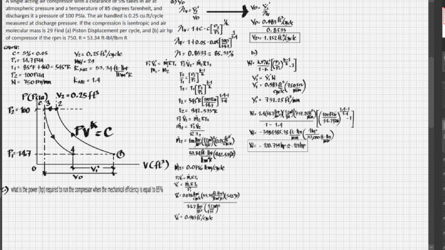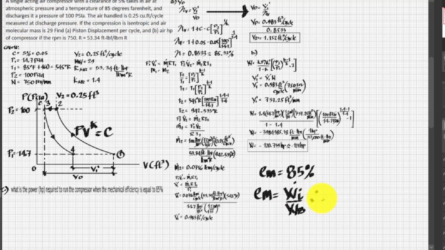Next, for question letter C, what is the power required to run the compressor when the mechanical efficiency is equal to 85%? We have the equation that the mechanical efficiency is equal to the work indicated divided by the work brake.